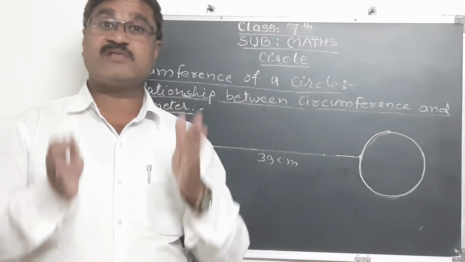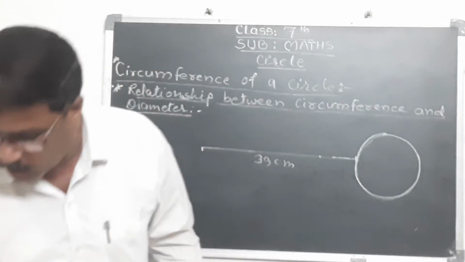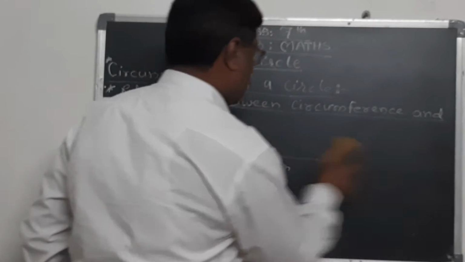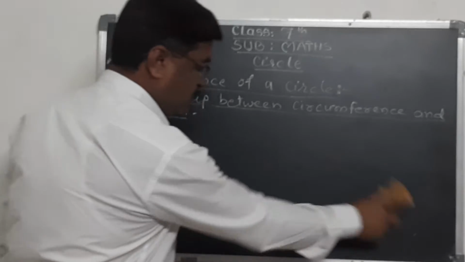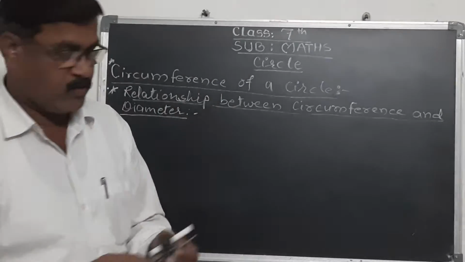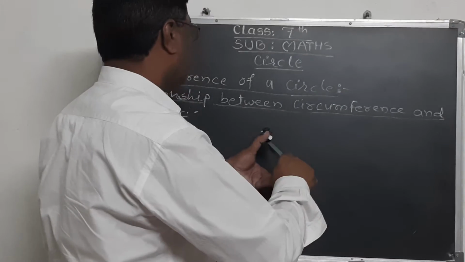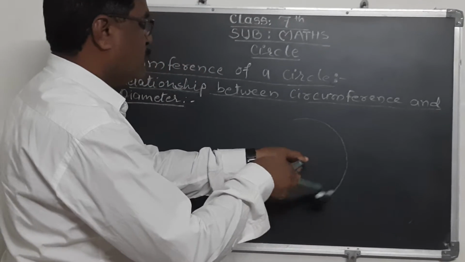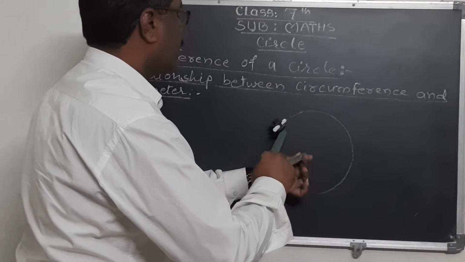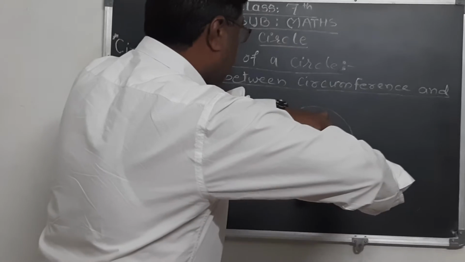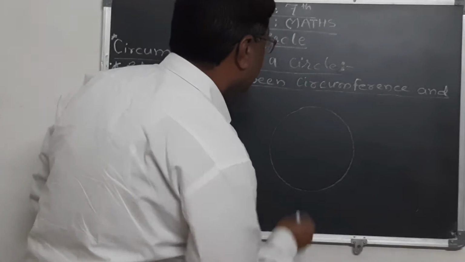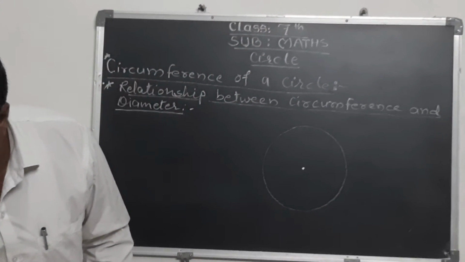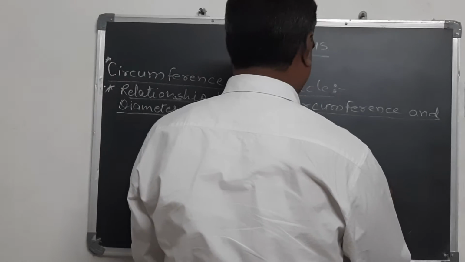What is the relation between circumference and diameter? For that purpose, we take another circle. We draw one circle with the help of this compass. In this way, this is the center, and we draw the diameter.